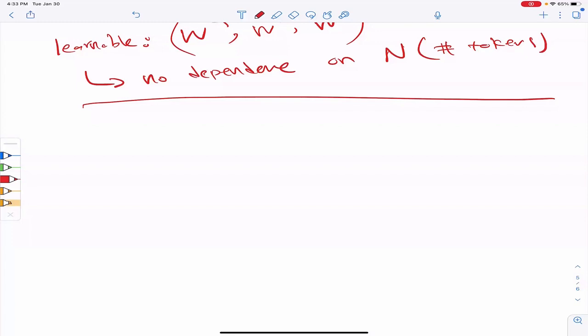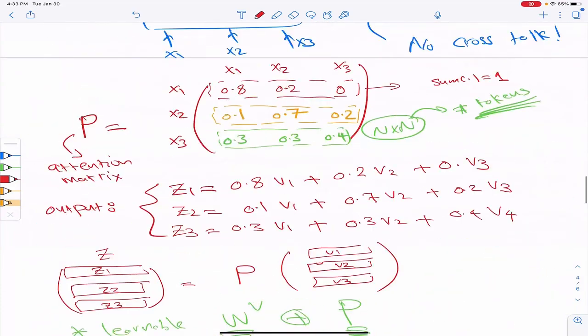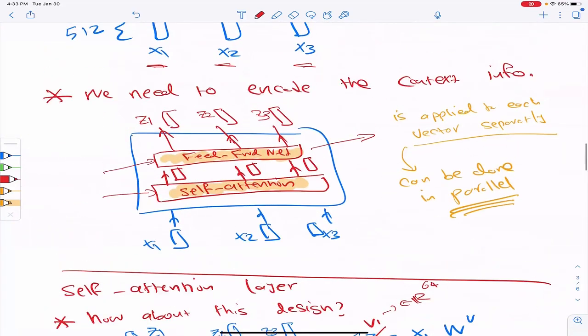Okay, are we done? We are already good, right? Because we have developed this self-attention. The tokens talk to each other, fantastic. Feed-forward network after that, and that's the encoder.